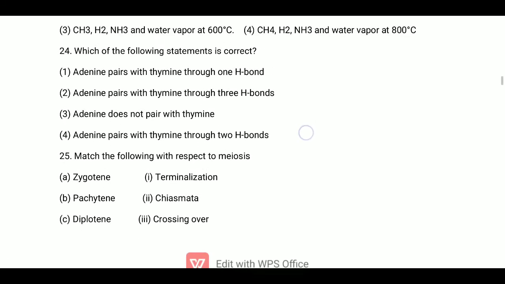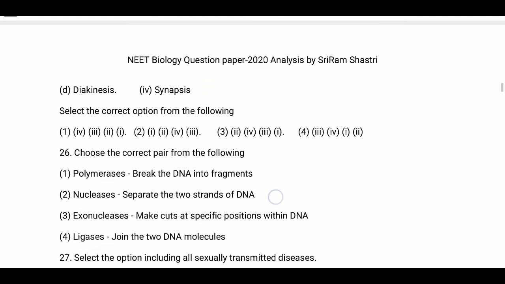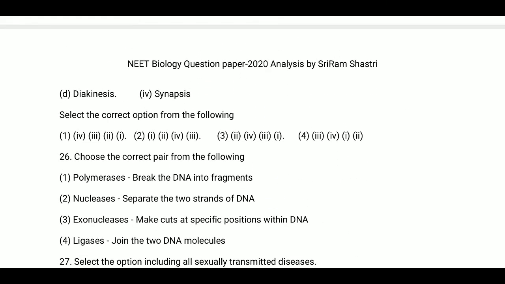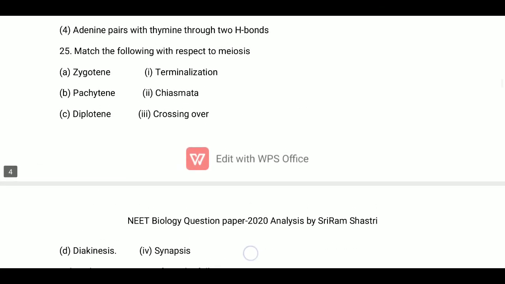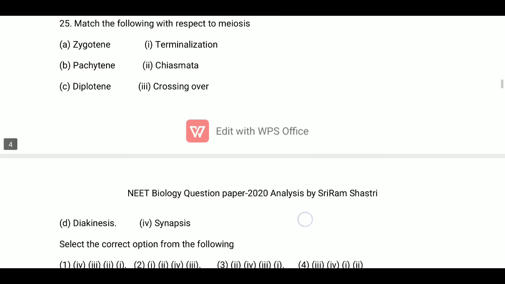Then match the following with respect to meiosis: zygotene, pachytene, diplotene, terminalization, chiasmata, crossing over, and the other options are diakinesis and synapsis. So basically, zygotene is the stage where synapsis takes place.